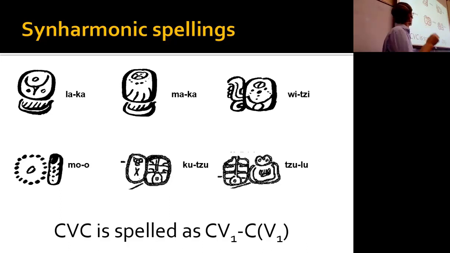And it's all that is spelled, and the vowel is always silent. Even with the word mo, maka, even though it looks to us like a consonant-vowel word, to the Maya it's actually a consonant-vowel-consonant word because there's a glottal stop at the end. And Maya perceived the glottal stop as a consonant, very much like speakers of Semitic languages.